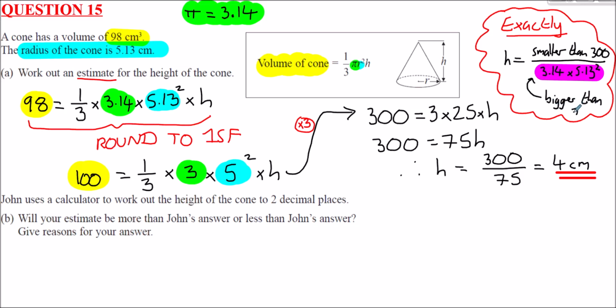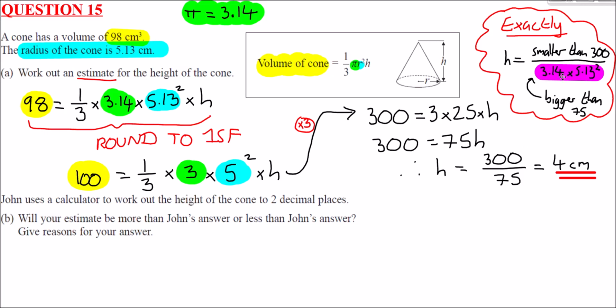So you just need to show some sort of understanding of how the rounded fraction would be different to the exact fraction. So in terms of the answer, how would this affect John's answer? Well, our value of h, we're taking a fraction which has a numerator which is bigger than the actual, because the actual would be smaller than this 300, and we're dividing it by something which is smaller than what it should be.